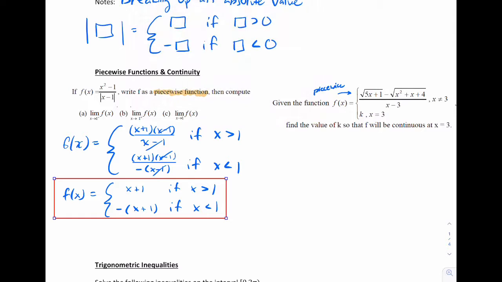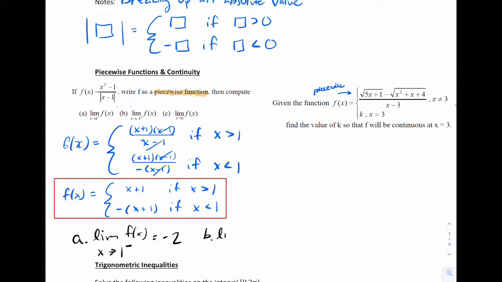Now let's answer the question. A, find the limit of f of x as x approaches 1 from the left. So 1 from the left means we want to think about this one, if x is less than 1. So plug in 1 right there, and you're going to get negative 2.